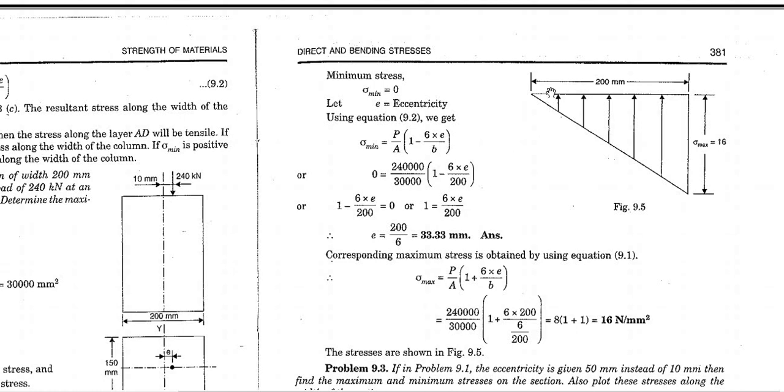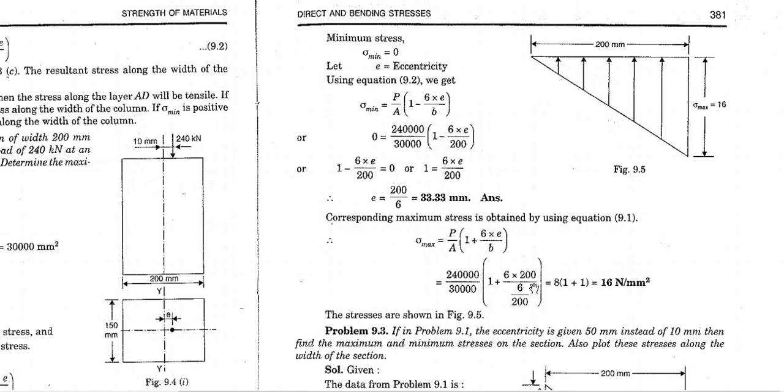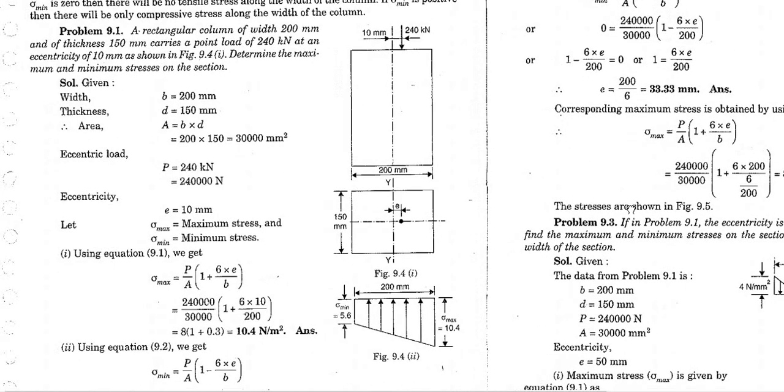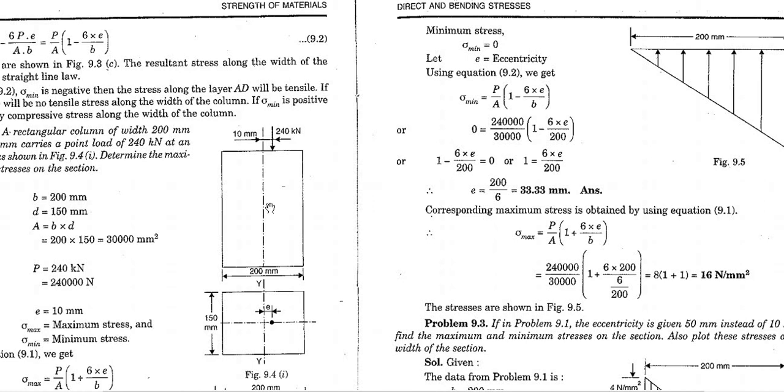So in order to get this side of the column minimum stress to be 0, we have to change the position of our force 240 kilonewton to a 33.33 millimeter distance. By putting in the total value, we will get 16 Newton per millimeter square. So this is a very simple problem. Please go through this problem.